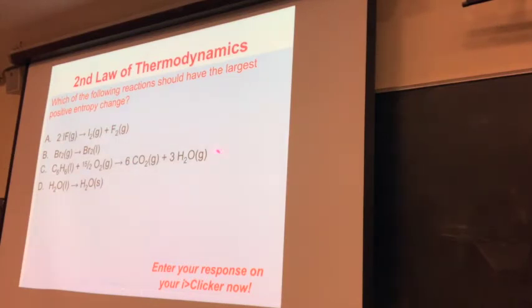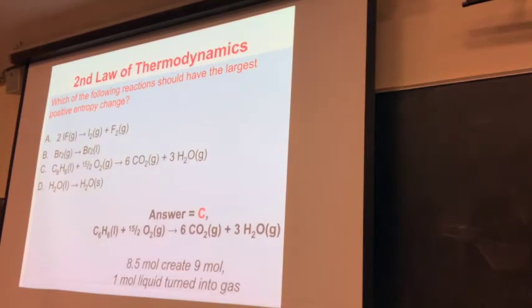And also, all the moles on the product side are gaseous. This one's actually a liquid, so that would be lower entropy. So I would say that C would be the best guess here for the largest positive entropy change. This one would be around 0, maybe a little positive, maybe a little negative, I'm not sure, honestly. But this one right here should definitely have a positive entropy change. Questions?